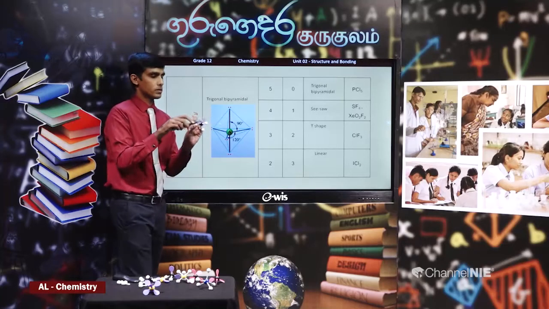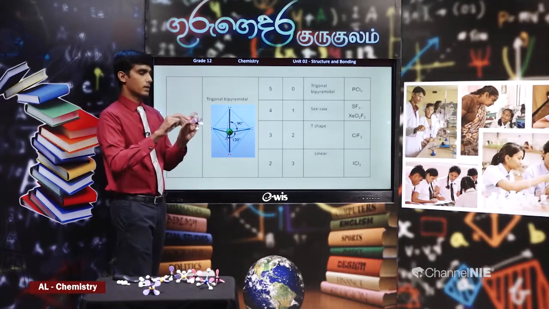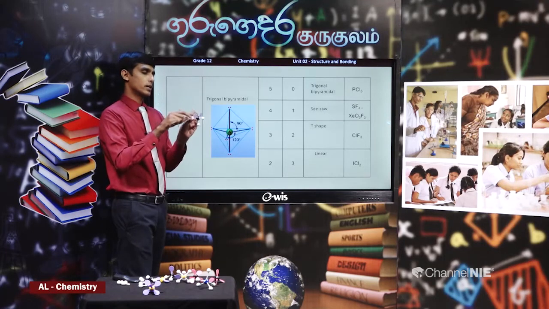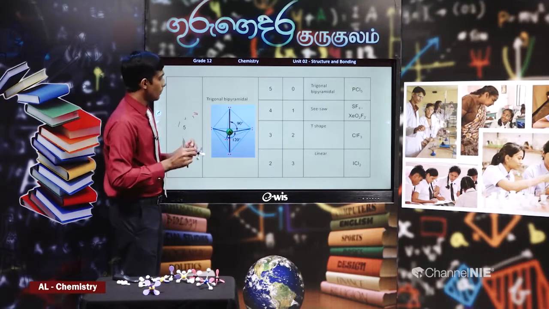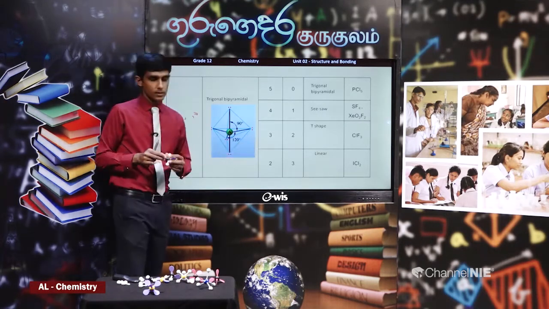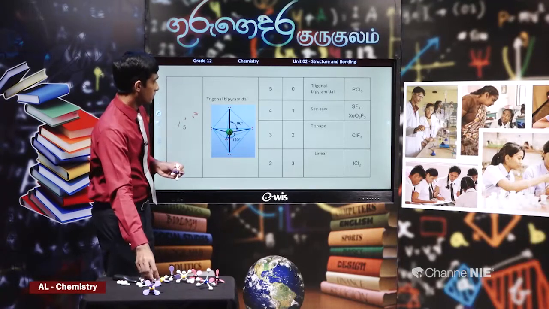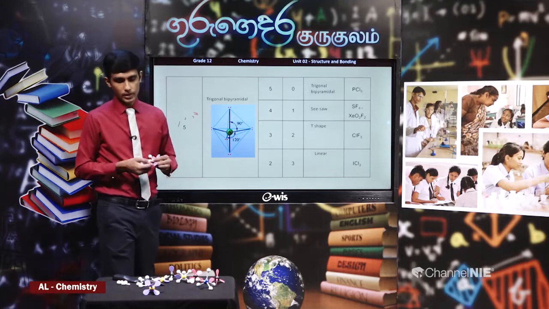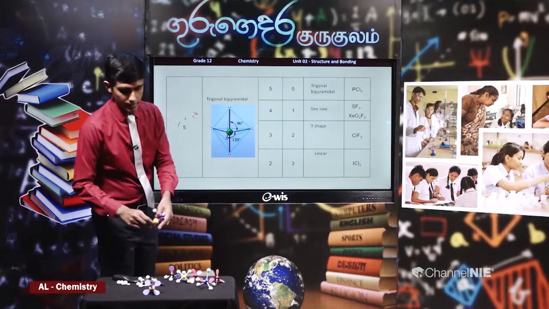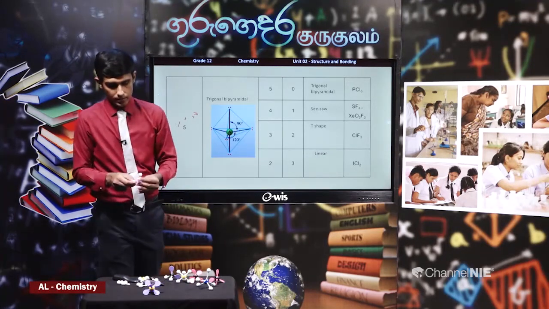I am using these models to represent these lone pairs, but you should understand that this distribution is somewhat 3-dimensional, not like planes like this. Now, the last one given, when you have 3 lone pairs and 2 bonding pairs, the arrangement is like this.